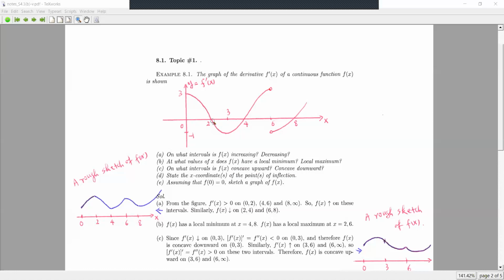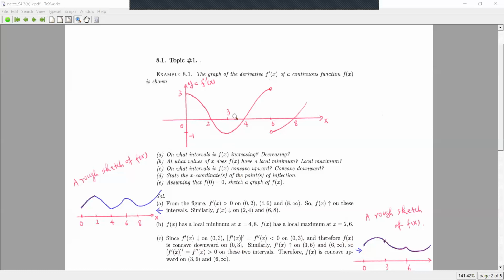The derivative of this curve is the second derivative of the function f. It is negative over this interval. When the second derivative is negative, by the concavity test, the function f is concave down over this interval.